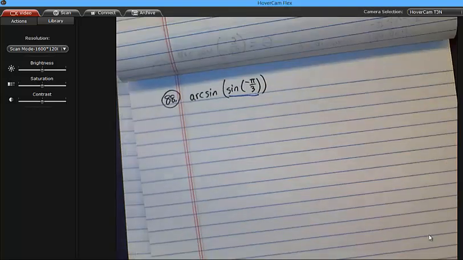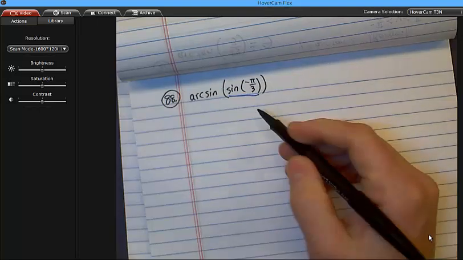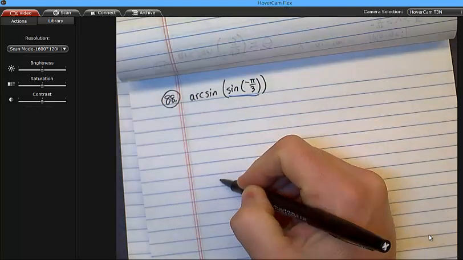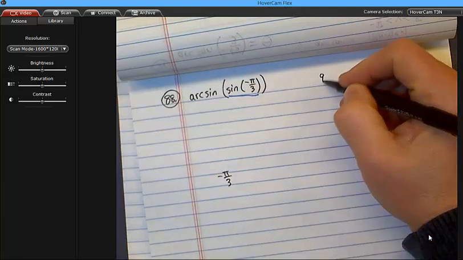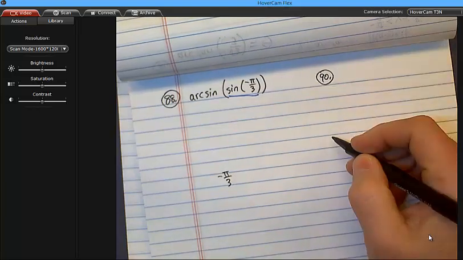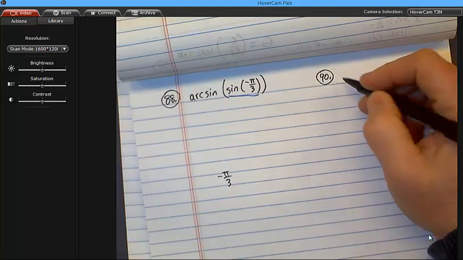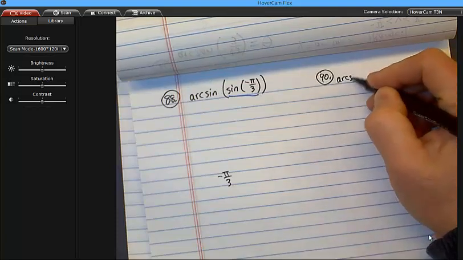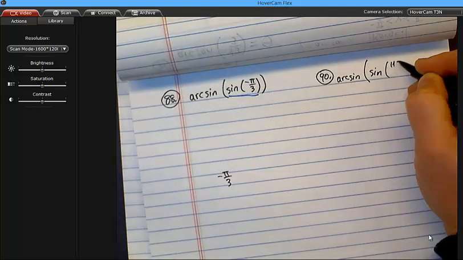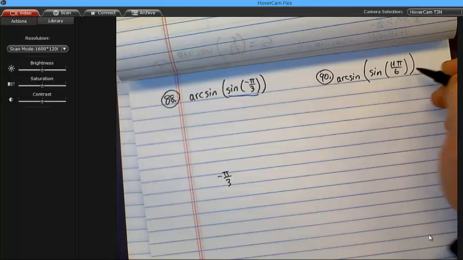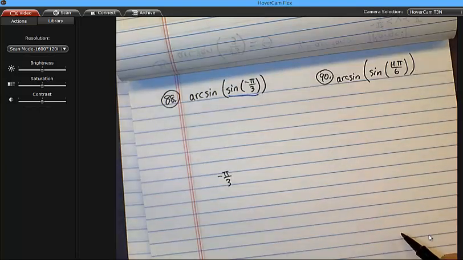There's a point here that I'm trying to make today, okay? You work out 88, and if you do it correctly, you're going to get negative pi over 3. But if you work out 90, which says the arc sine of the sine of 11 pi over 6, you don't get 11 pi over 6 if you do it correctly, okay?